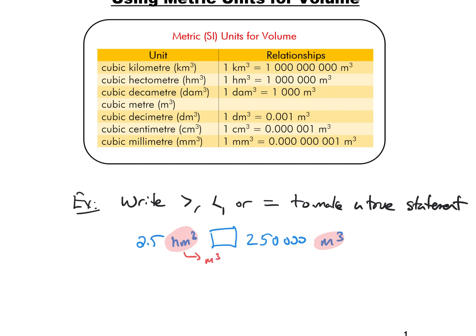Right here it says 1 cubic hectometer is equal to 1,000,000 cubic meters. So we're going to take that 2.5 and multiply it by 1,000,000.